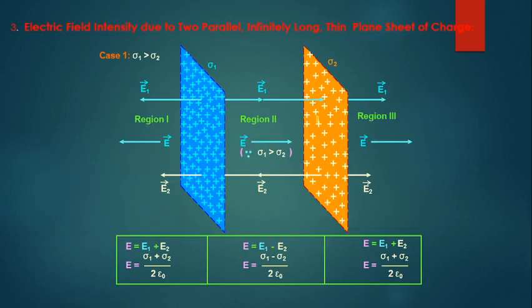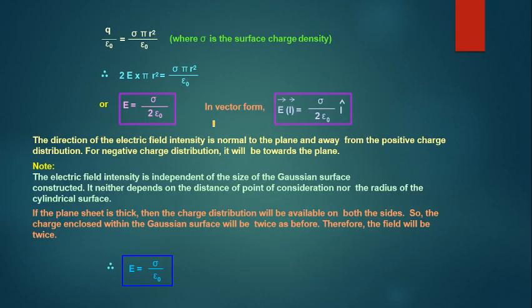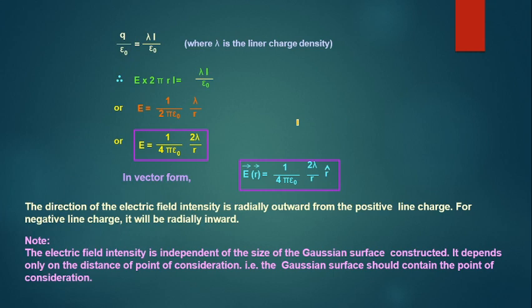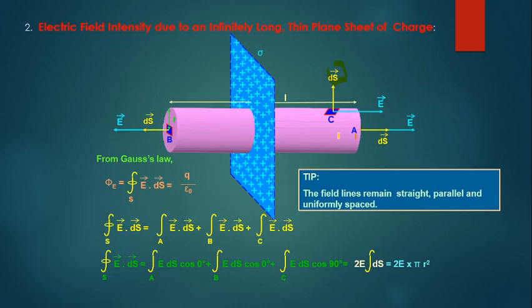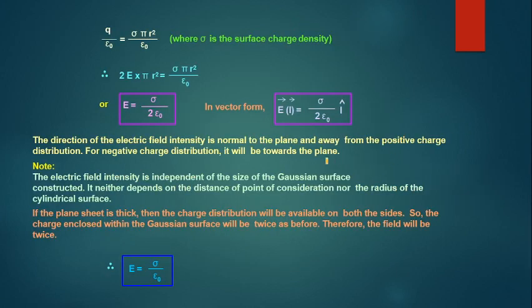This is the normal to the plane, and away from the positive charge distribution. If the charge distribution is negative, it will be toward the plane.